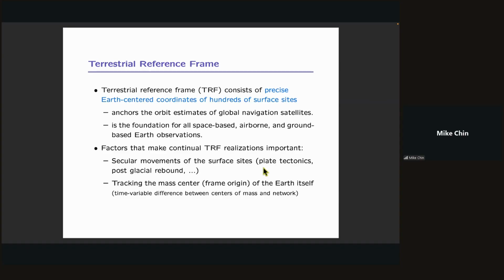And also the mass center of Earth has apparent motion. It's about 5 millimeters seasonal change in the center of Earth. So these things have to be tracked.